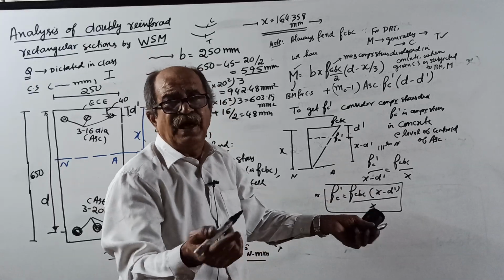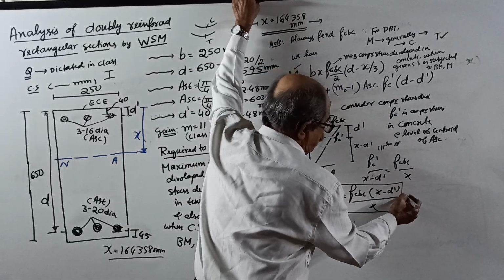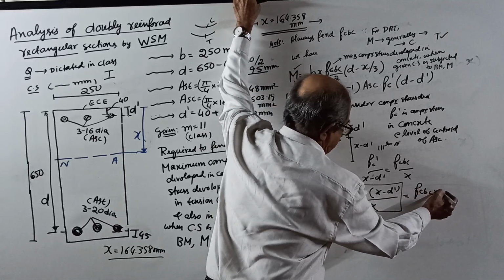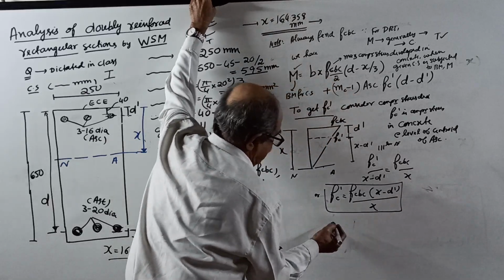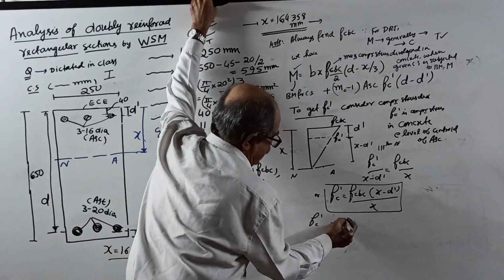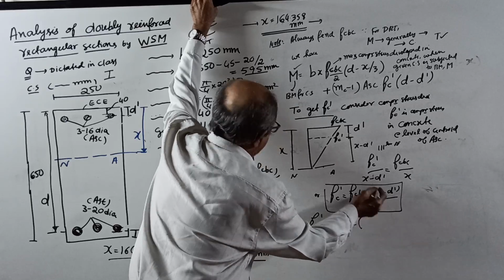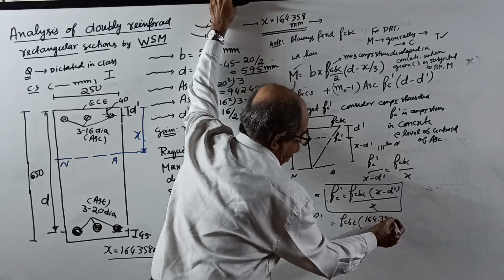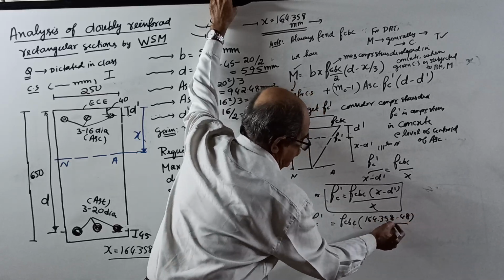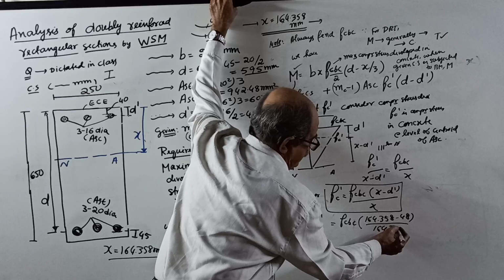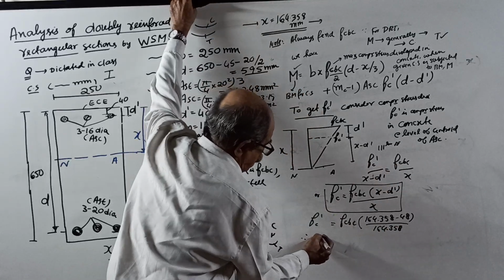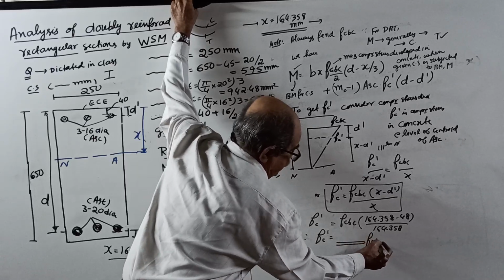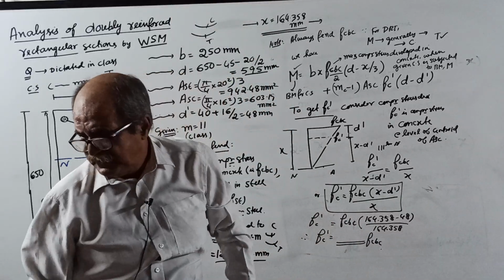So FC dash equals FCBC into X, where X is 164.358, minus 48, divided by 164.358. Therefore, your FC dash will come in terms of FCBC. I have to calculate.